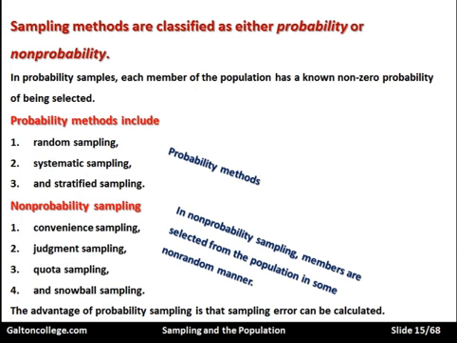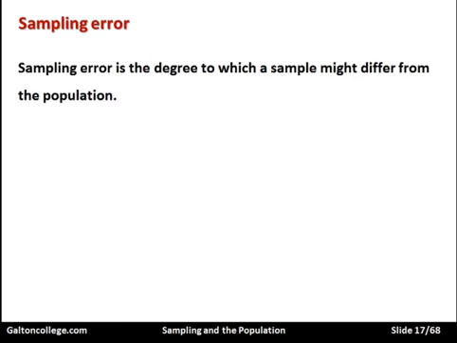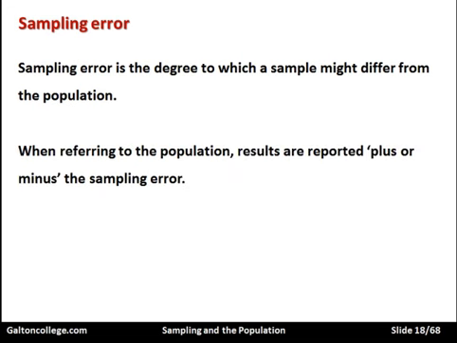Now let's look at these in turn, just to bring back to mind what they're all about. But let's start by looking at the sampling error. The sampling error is the degree to which a sample might differ from the population. It's the difference between what's calculated in the sample and what the actual figure in the population is. When referring to the population, results are reported plus or minus the sampling error.